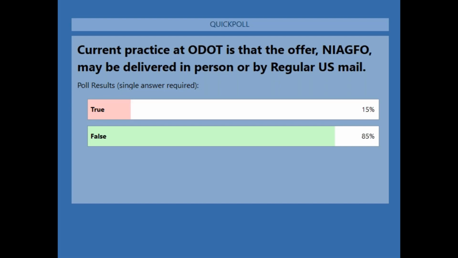And at ODOT, while the offer can either be delivered in person or mailed, it has to be mailed certified mail, not U.S. mail.